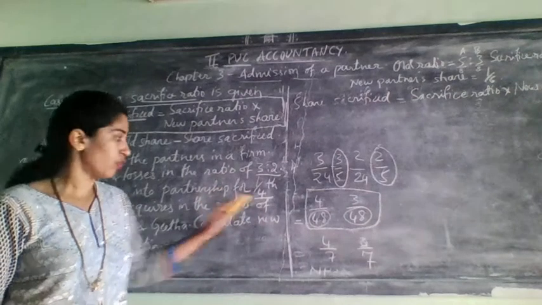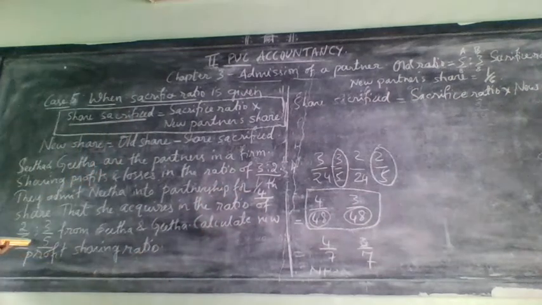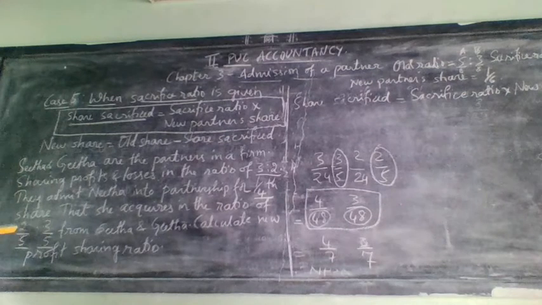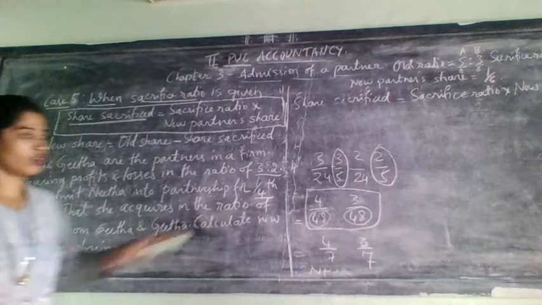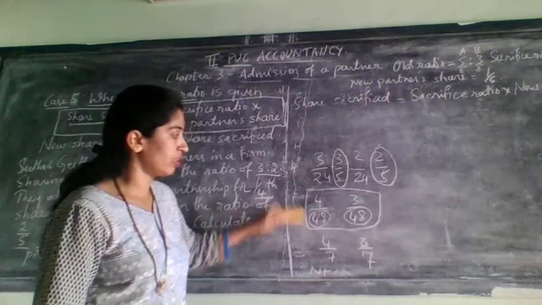Okay, so don't get confused with this. For that sake only they have given 2/5 and 3/5. If you add 2 plus 3, how much will it come? 5. That means this is not share sacrificed. This is considered as sacrifice ratio. Got the difference now?